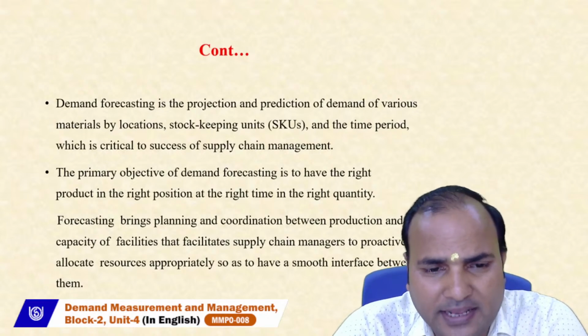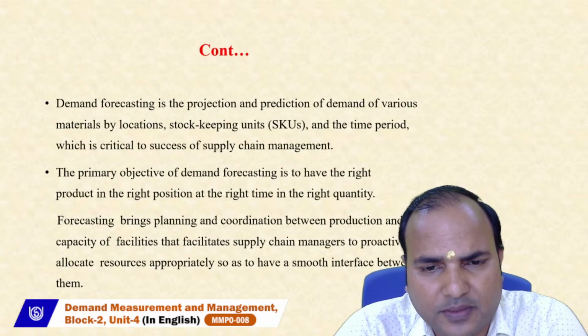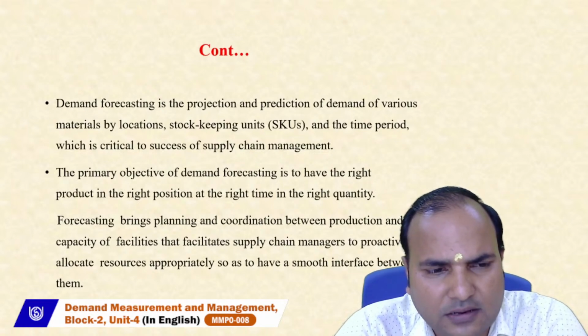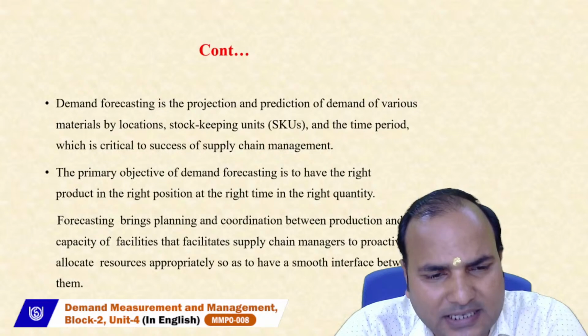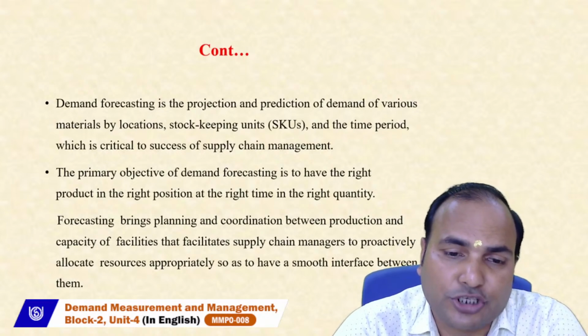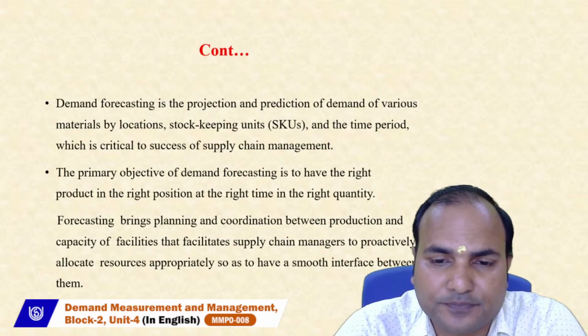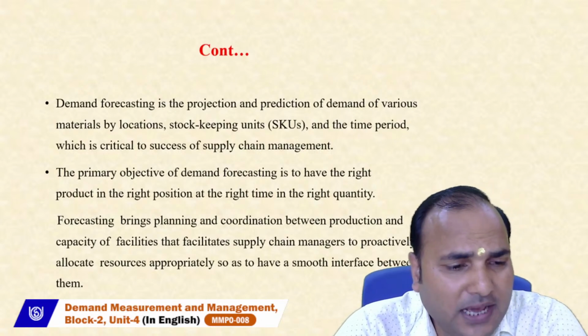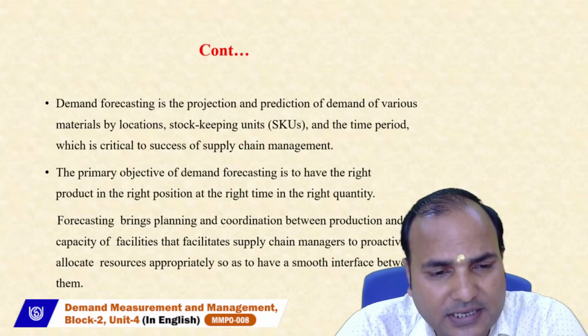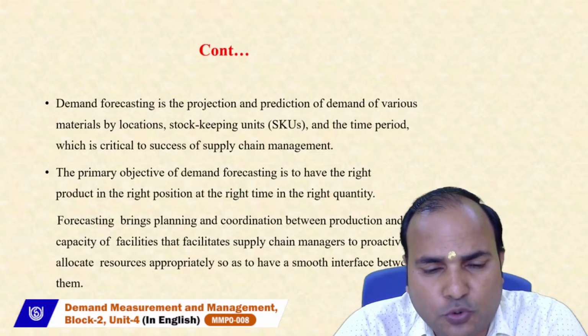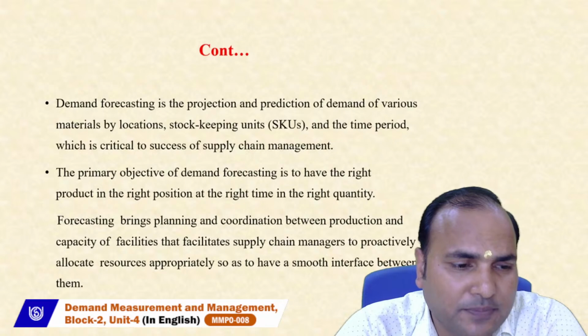Forecasting brings planning and coordination between production and capacity of facilities, and it also facilitates supply chain managers to proactively allocate the resources appropriately so as to have a smooth interface between them.